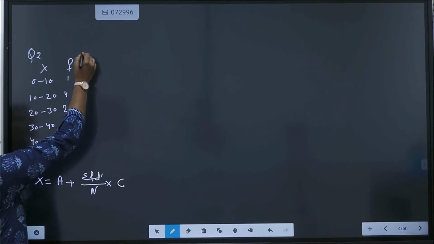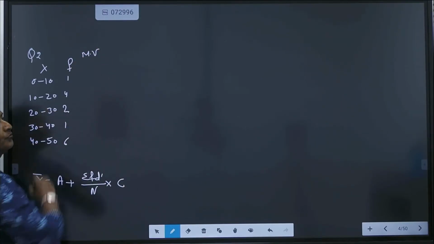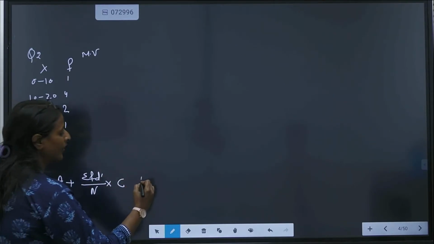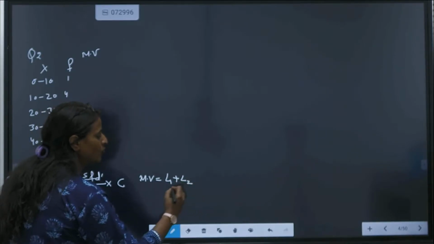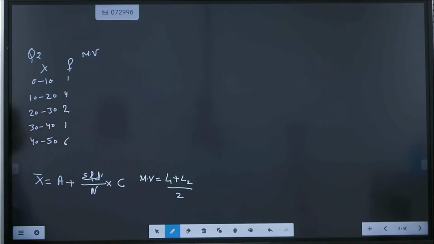First of all, we just find out the mid value. The formula of mid value is L1 plus L2 upon 2. Here this is L1, it's L2.